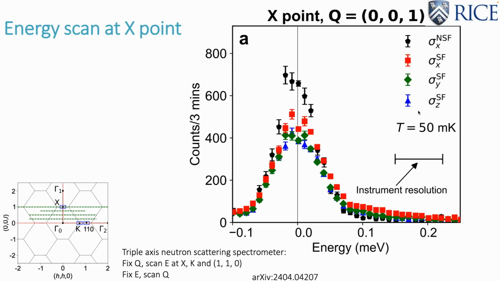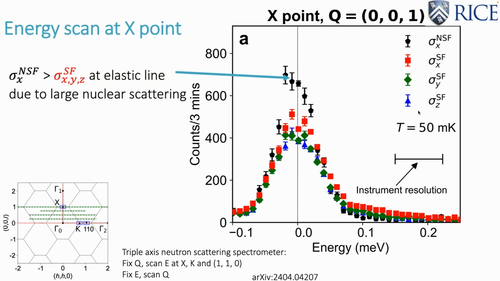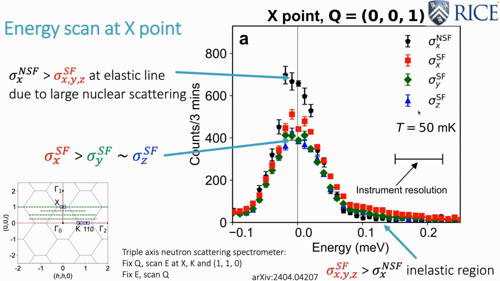First, you will notice that at the elastic line, the non-spin-flip, which is the non-magnetic signal, is larger than these 3 spin-flip channels. Also at the elastic line, the spin-flip X channel is larger than Y and Z. In the inelastic channel, you'll see that spin-flip X, Y, and Z are larger than the non-magnetic signal.